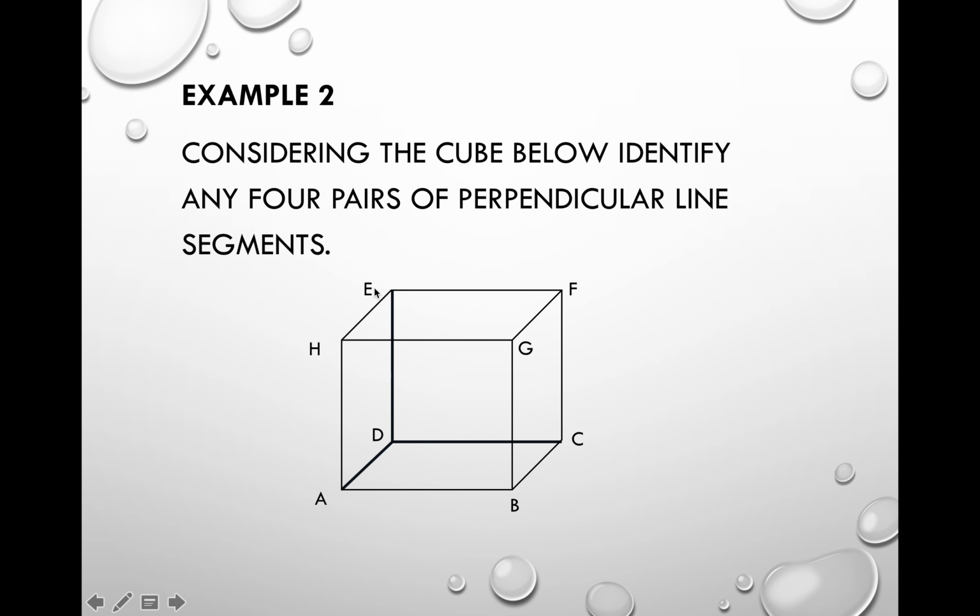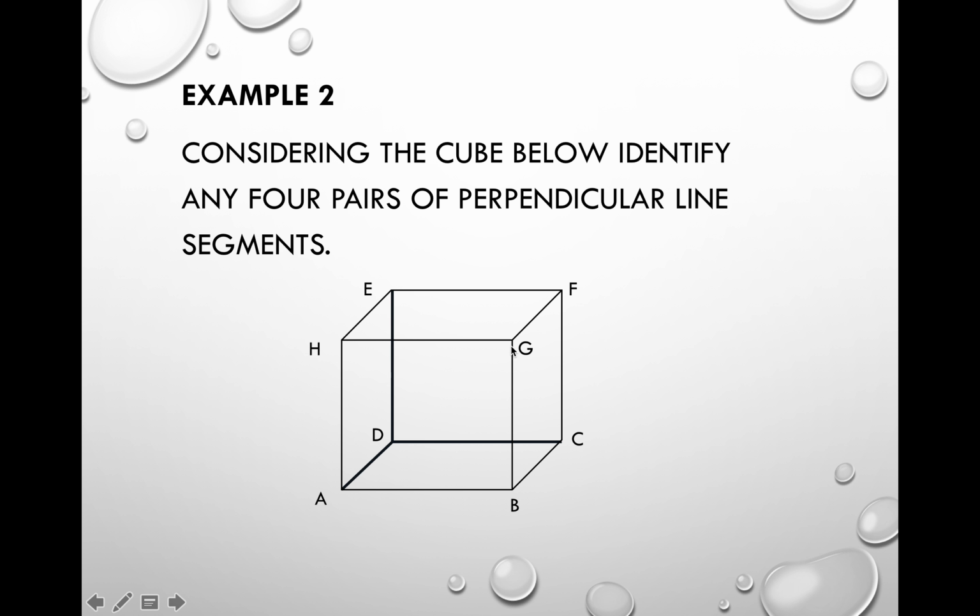So for instance, segment EF would be perpendicular to ED, because this would be a 90-degree angle. EH would be perpendicular to HA. AD would be perpendicular to DC.